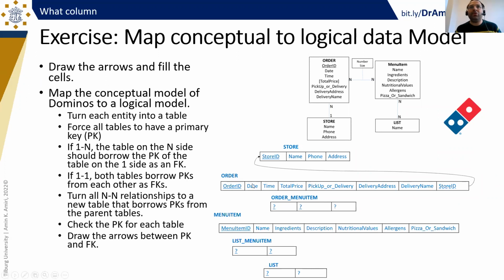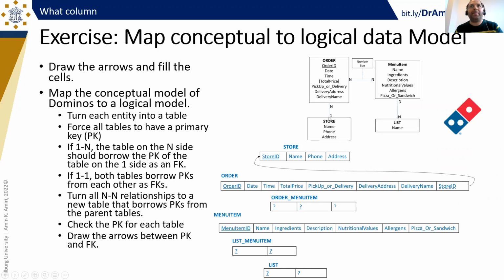I am also going to add the store ID as a foreign key to order, because whenever you see a one-to-N relationship, the one that has N on its side has to borrow the primary key of the one.